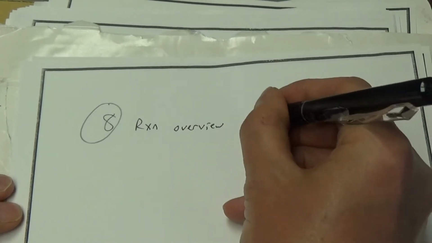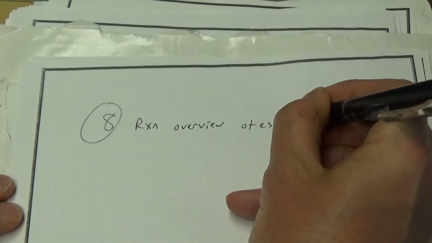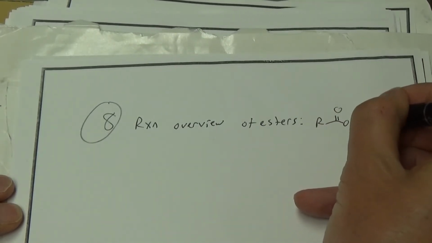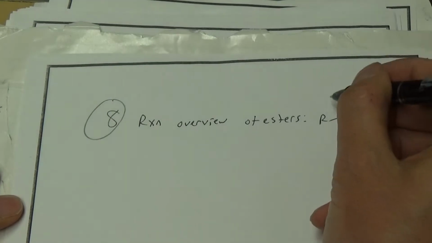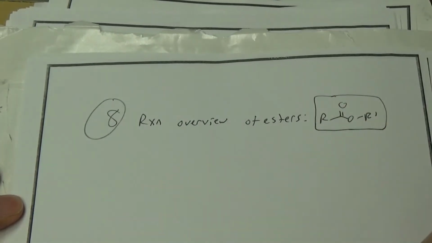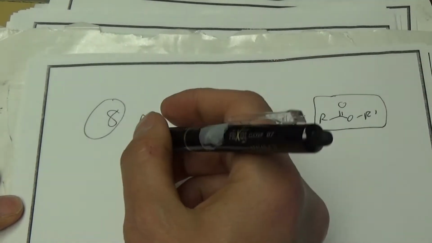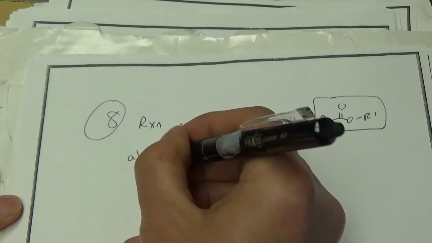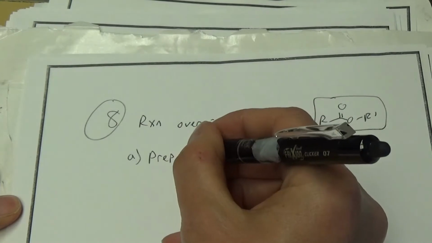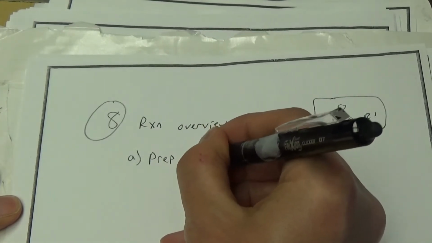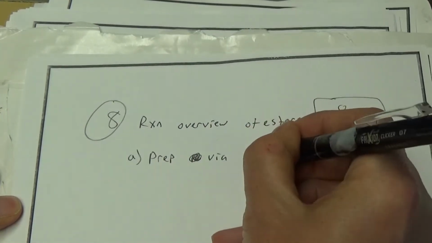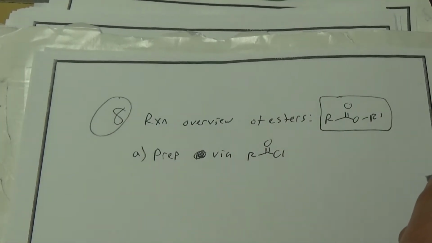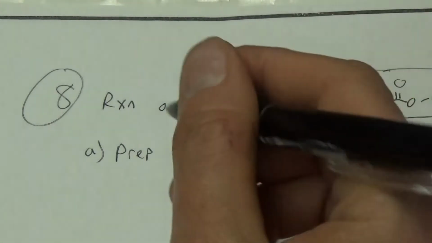Reaction overview of esters. Of course, an ester is something like this, right? And first, one of the ways to make esters is from the acid chloride method. You can make esters from acid chlorides. We just learned that, right?